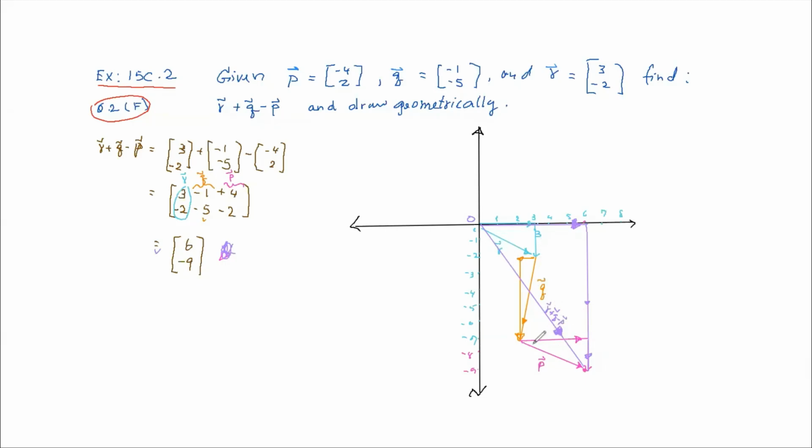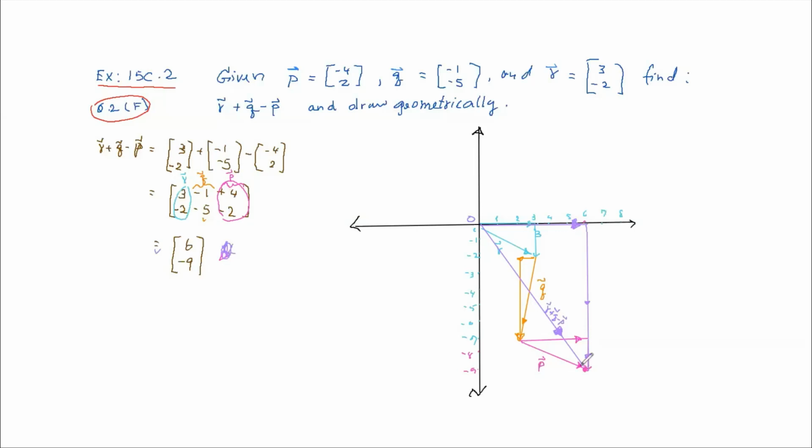Actually, after you plot the vector P, vector P is 4, 2. When you plot this one, from here, come 4 units and go down 2, and then you draw this. So this is the final destination point.